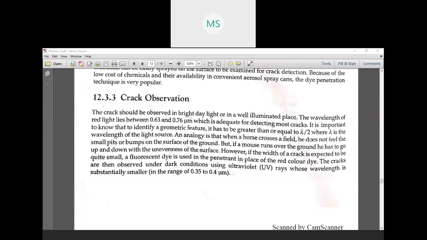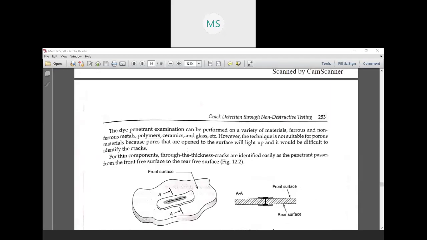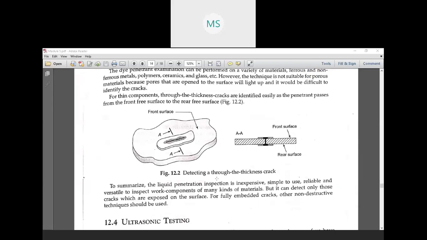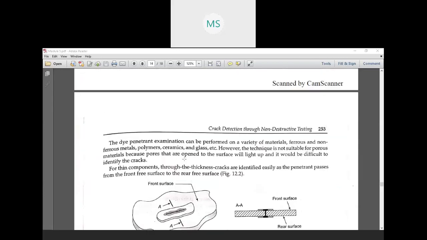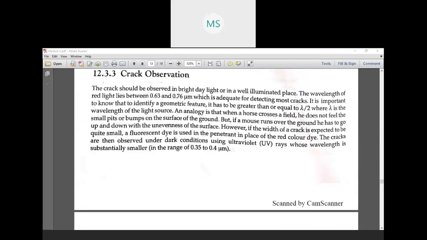Crack observation is applicable if your crack goes through the thin surface, from the top surface completely to the bottom surface. Then the crack observation comes into play. The crack should be observed in bright daylight or in a well illuminated place.